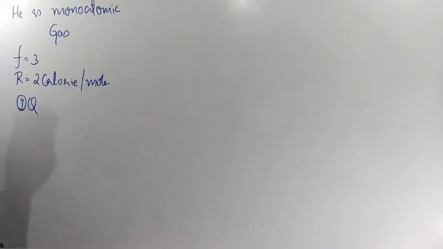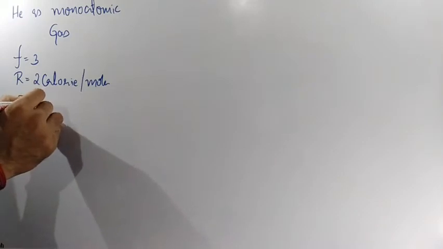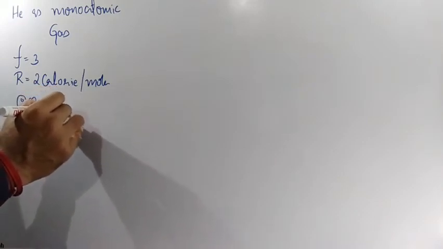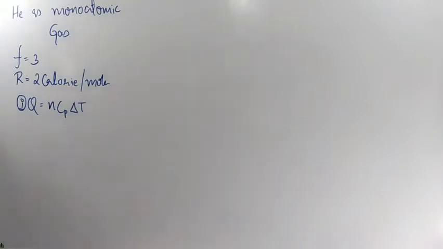The process given in the question is at constant pressure. That's why the formula is Q is equal to nCp delta T. Clear?